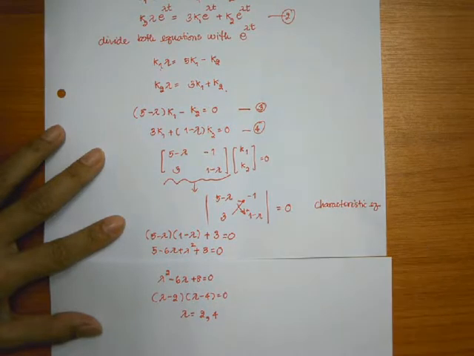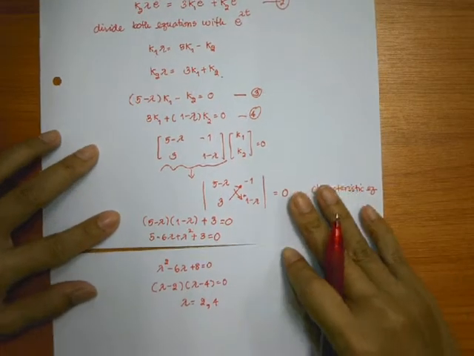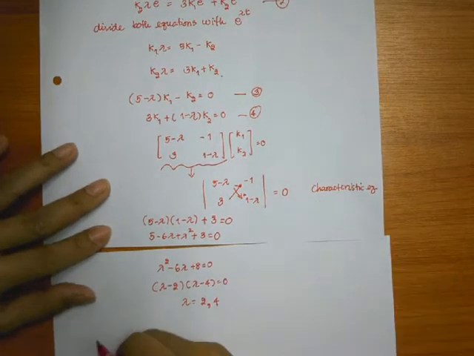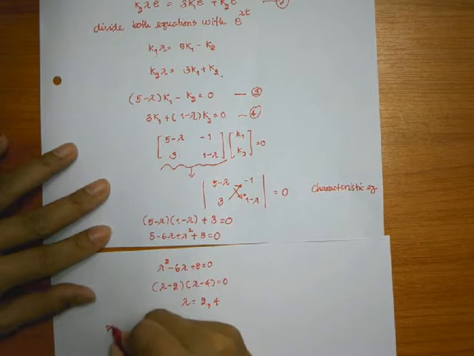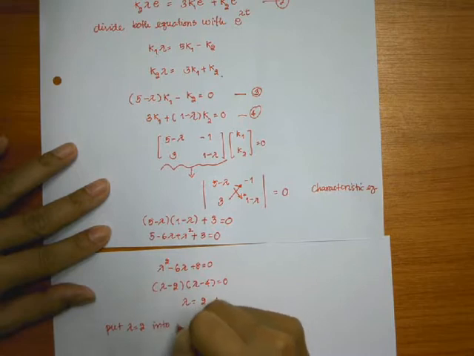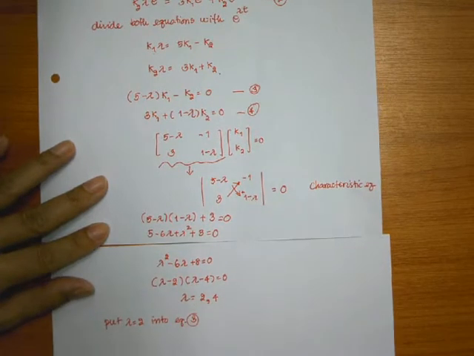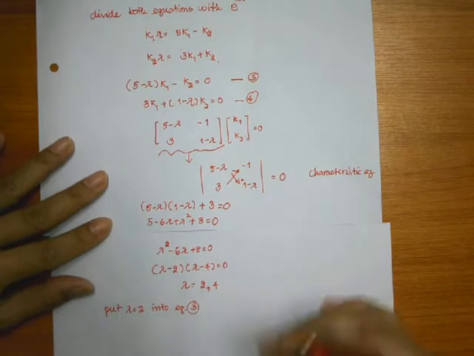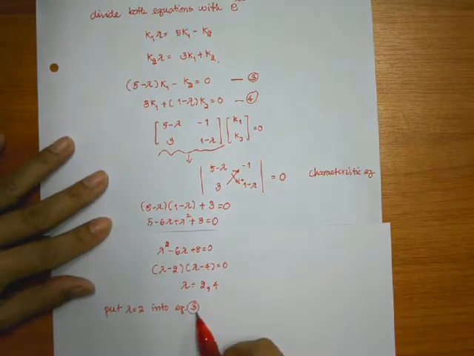Either equation you would get the same meaning, okay? So I put lambda equal to 2 into equation 3. You can put it into equation 4, you would end up with the same meaning. But I picked equation 3.